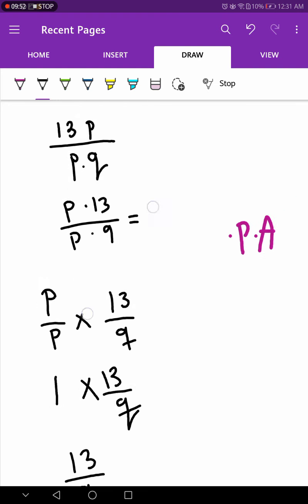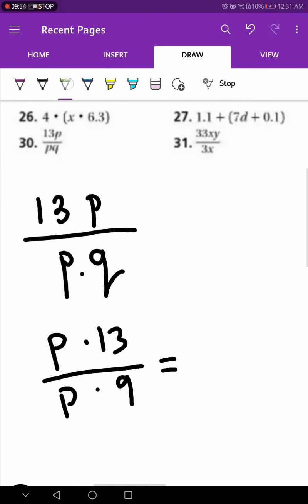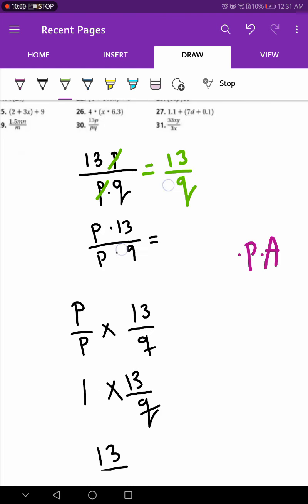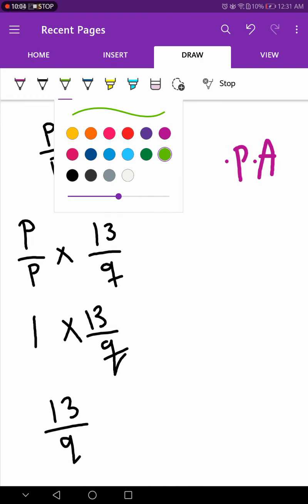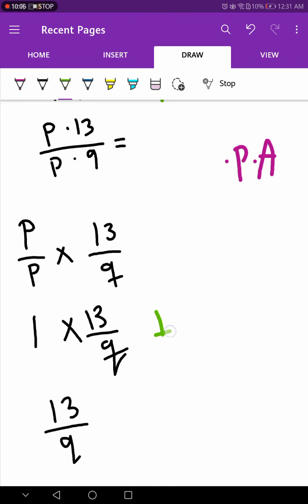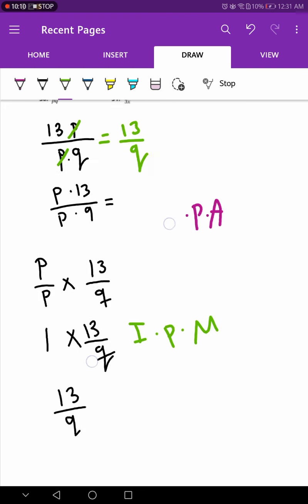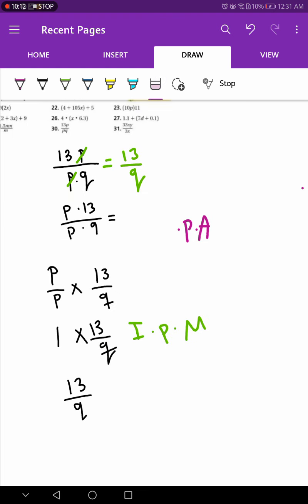Or directly, later inshallah, you just cancel like this and you get 13 over q. But here, just to justify each step, here we have identity property of multiplication.